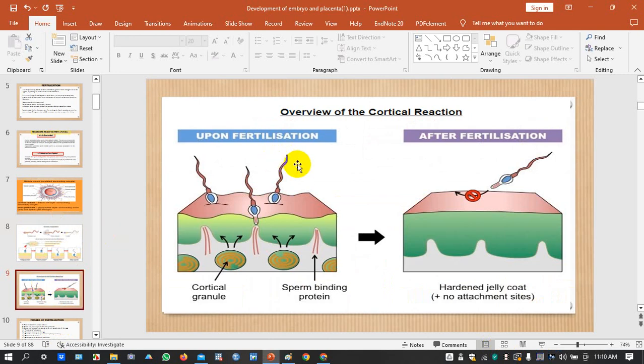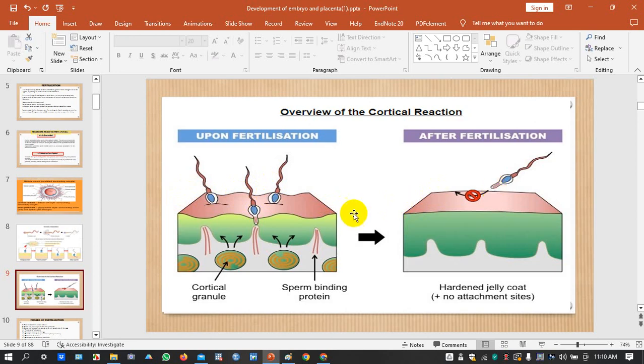Okay, so let's also see the cortical reaction. The cortical reaction is the reaction that occurs in order to prevent polyspermy. That means that when one sperm enters the zona pellucida and fertilizes the egg, the other sperms are excluded or prevented from entering.